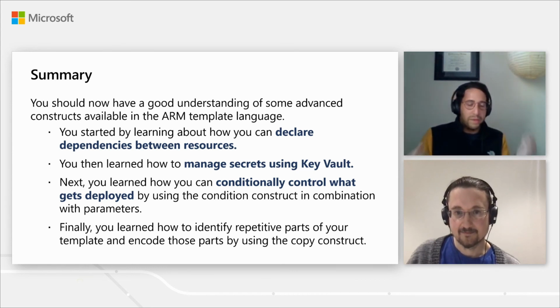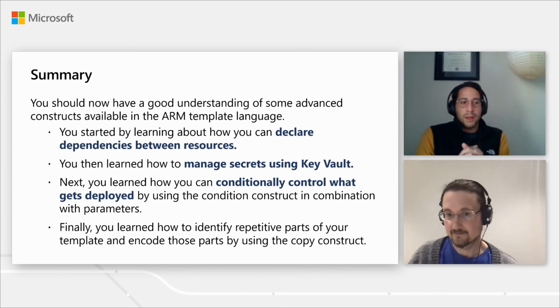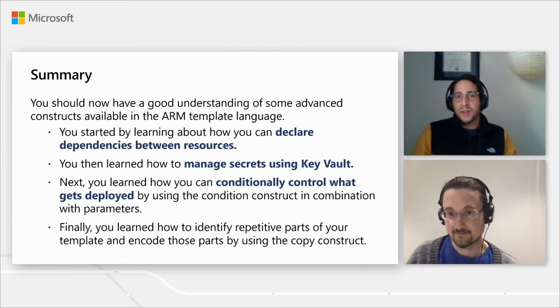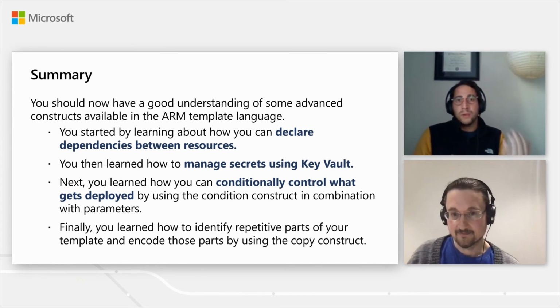By failing fast with pre-flight, what we mean again is that ARM is designed to validate that resource as best as it can outside of runtime, and it gives you feedback saying, hey, if I submit this for deployment right now, this is going to fail, so you need to fix something.